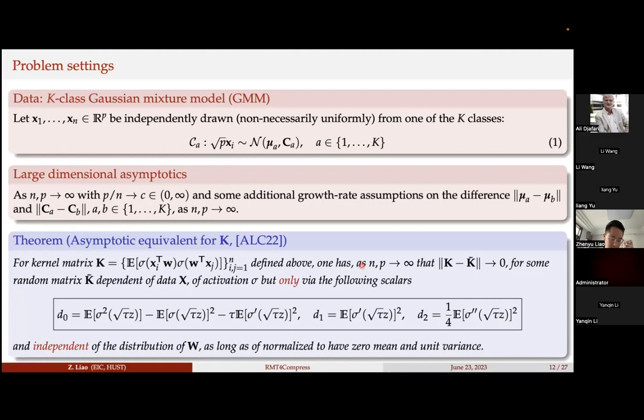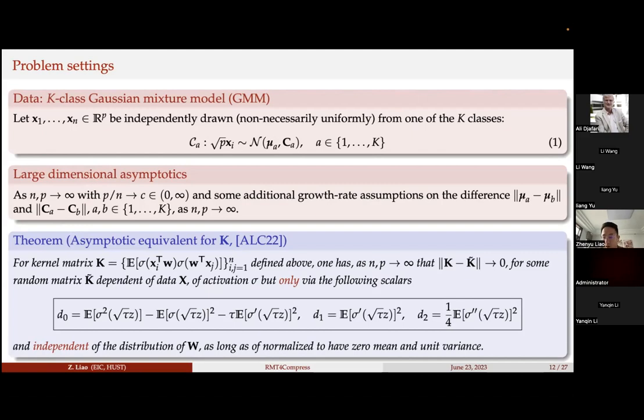It basically tells us that the kernel we care about approximately looks like another kernel matrix, K tilde, and it's very easy, in the sense that it depends on the activation in a very simple way that we can explicitly characterize, and it's independent of the distribution, as long as the random weights have zero mean, unit variance, and independent entries.